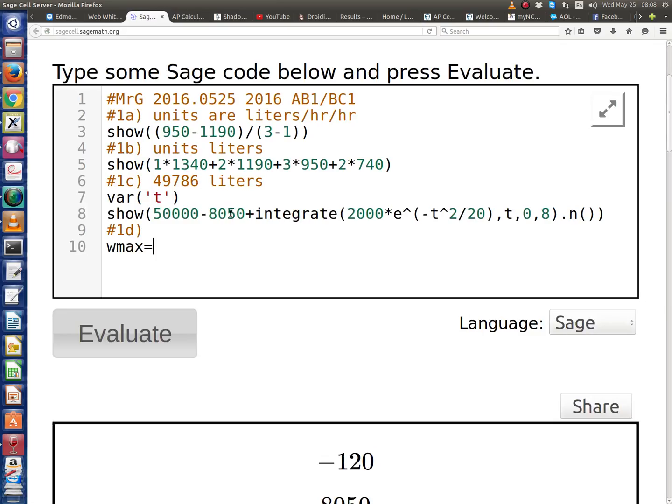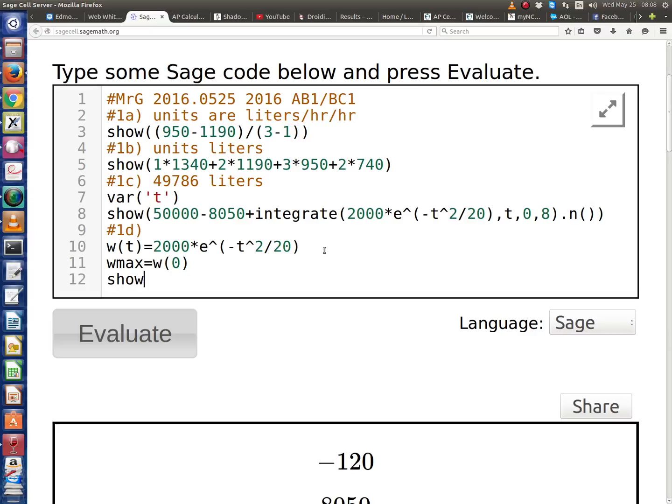Okay, so W of t is whatever they gave us. What was it now? 2,000. I have it right here, I'm just going to copy it. Highlight with your mouse, Control C, put it here, Control V. And then I'm going to say that W max is W of 0.